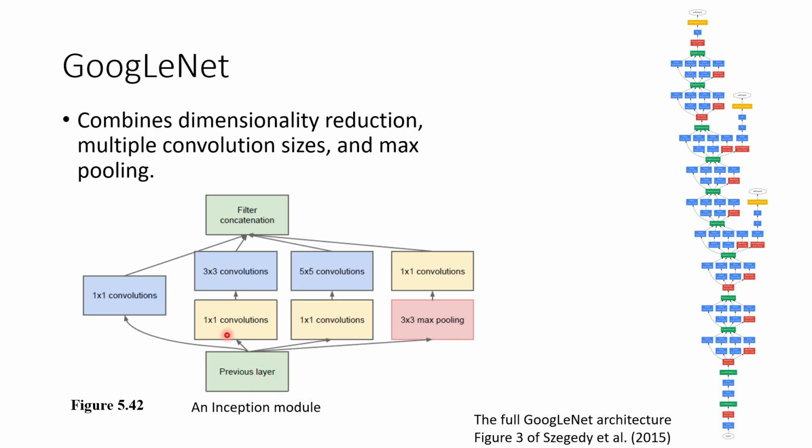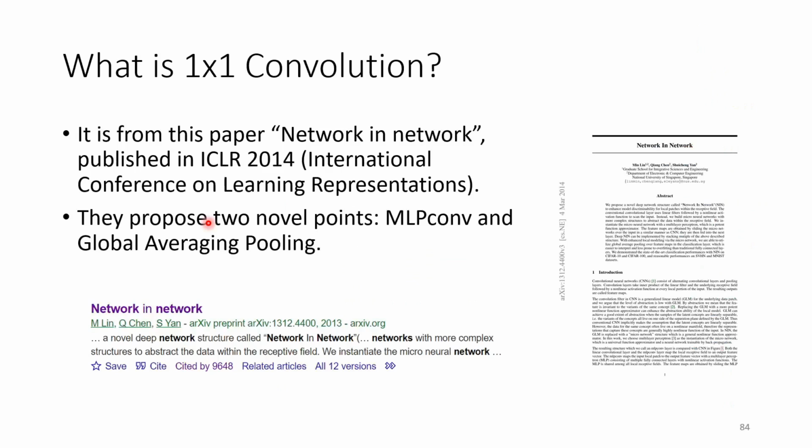They first use 1-by-1 convolution kernels to reduce the number of channels, and then apply 5-by-5 convolution and 3-by-3 convolution to generate new layers, and then concatenate those new layers together to become the next layer.